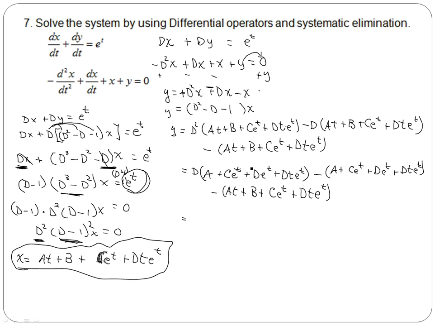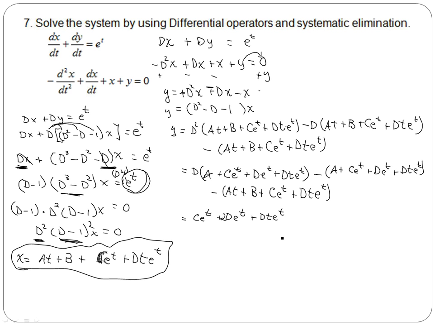Okay, now this time when I take the derivative, I'm going to line up my like terms so I can add them all together. The derivative of everything inside this first parenthesis will cancel out the a. That'll give me a c e to the t plus d e to the t. And here I need to use product rule. I'm going to get d e to the t, it gives me two of those, plus dt e to the t.